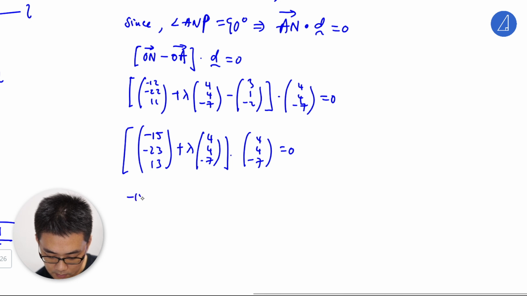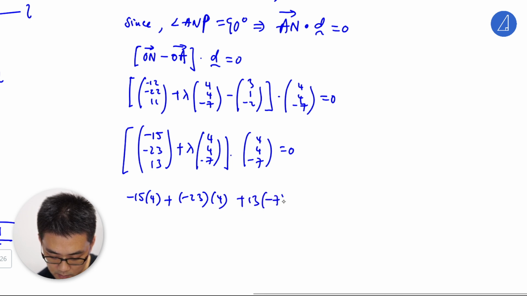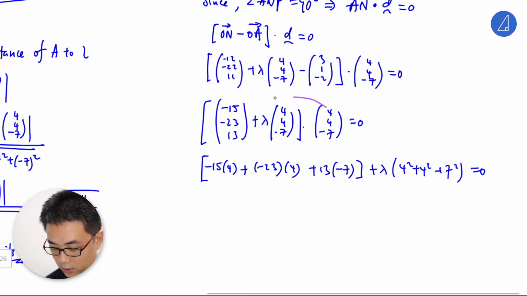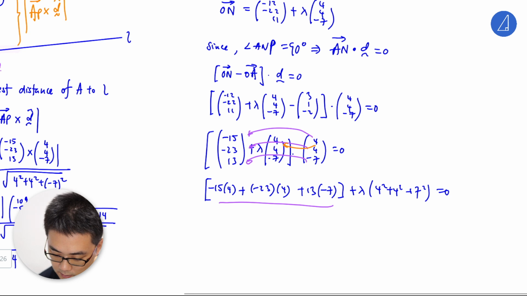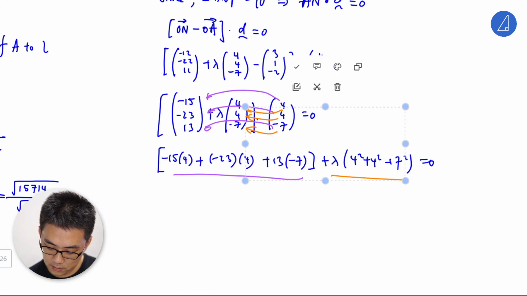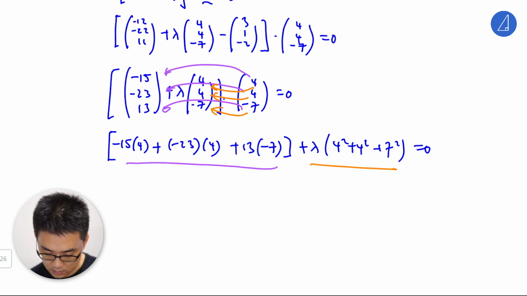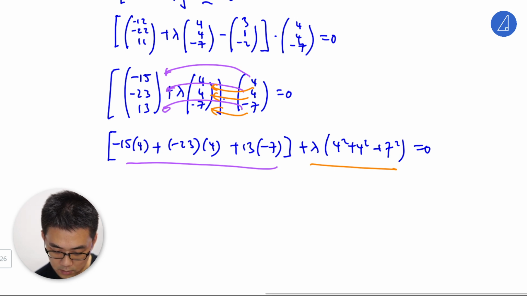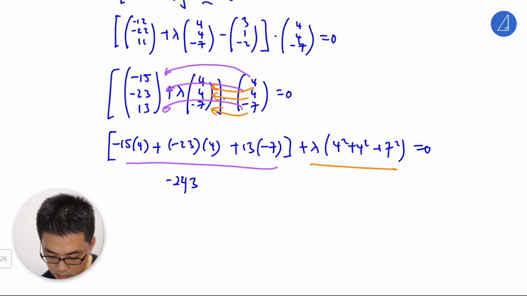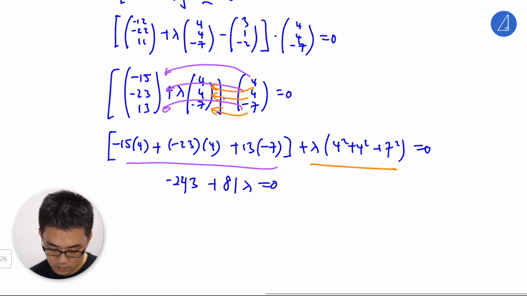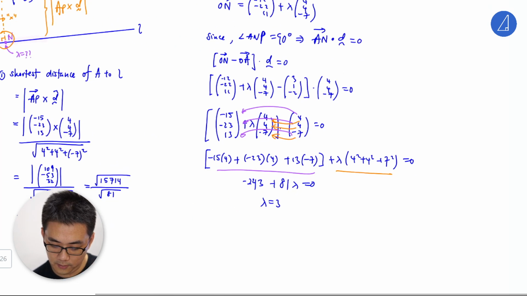You remember when I do dot product, I usually just do this: dot this, give you this one, then you dot the other one. ON.